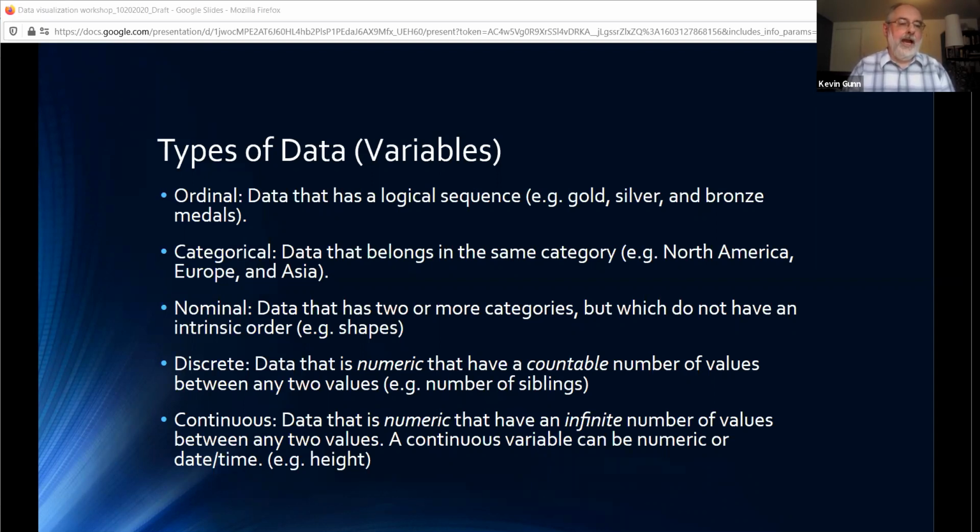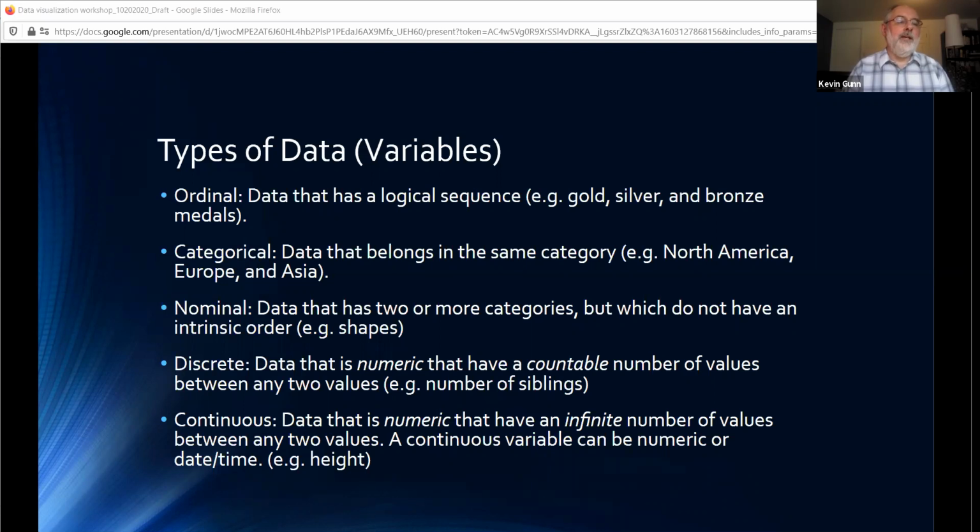You can look at categorical data that belongs in the same category, North America, Europe, that sort of thing. You have nominal and discrete data. Nominal being two or more categories which do not have an intrinsic order, for example, shapes. And then discrete data, which is numeric and has a countable number of values between any two values. So the number of siblings, for example.